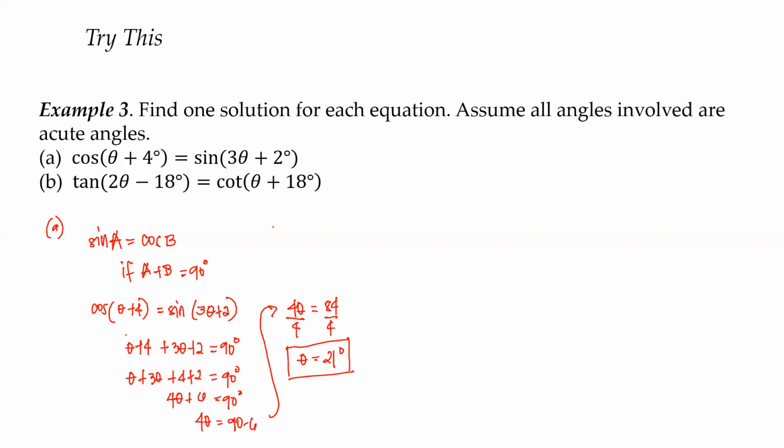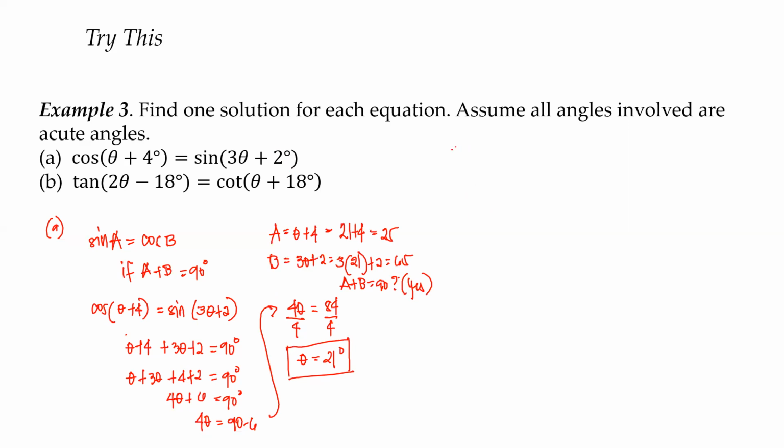To check, if A is equal to theta plus 4, that is 21 plus 4 equal to 25. If B is equal to 3 theta plus 2, that is 3 times 21 plus 2, equal to 65. A plus B is equal to 90. Yes, 25 plus 65 is equal to 90.